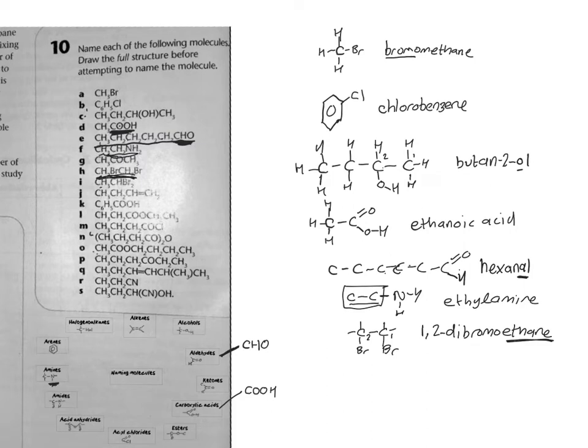Whereas if we look at I, both the bromine atoms are on carbon number 1. So that would be 1,1-dibromoethane.